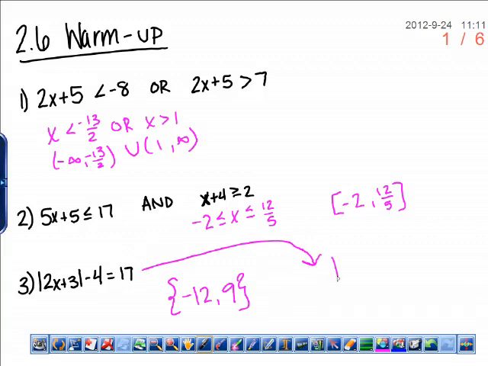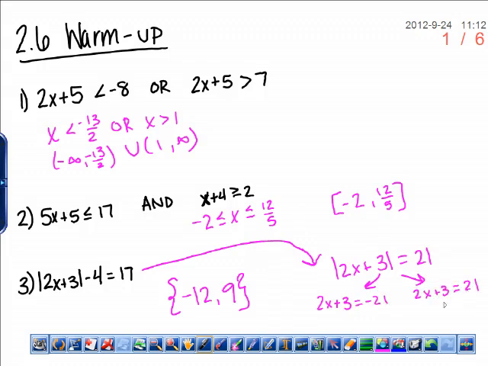So if I start by adding 4 to both sides, I'm going to get the absolute value of 2x plus 3 is equal to 21. Then where do I go from here? 2x plus 3 equals negative 21, and 2x plus 3 equals 21.